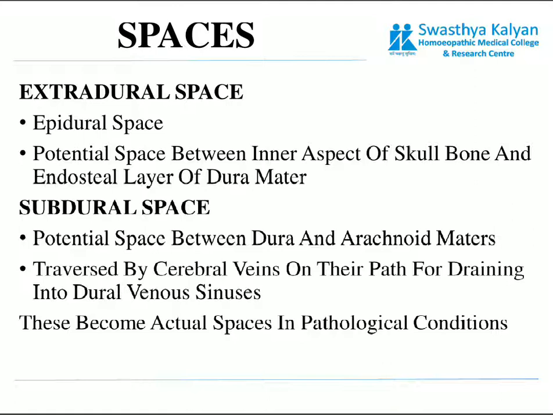That's why they are known as potential spaces, because they have the potential of turning into actual spaces when such conditions arise. Otherwise, in normal conditions, there is not enough space seen as such in between these layers, but in case of a hemorrhage, effusion, or excessive CSF present inside the cranial cavity, it will get collected in between these spaces.